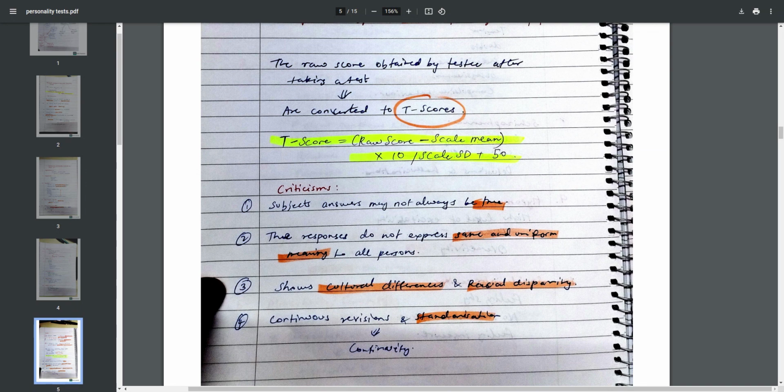Then continuous revisions and standardization question the continuity of this test. This is basically related to the second version of this. It was constantly revised, so the second version was developed. So it is very confusing on the continuity.